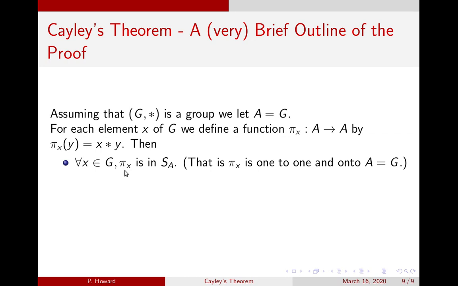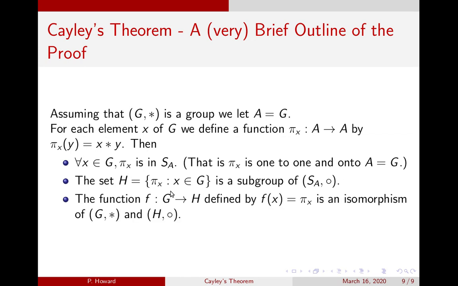First of all, we would have to argue that each of these pi sub x's is in S sub A, that is, that pi sub x for each x in G is one to one and onto A. Secondly, we would have to argue that the set of these pi sub x's is a subgroup of the group of all permutations of A. This is the subgroup which the theorem says exists.